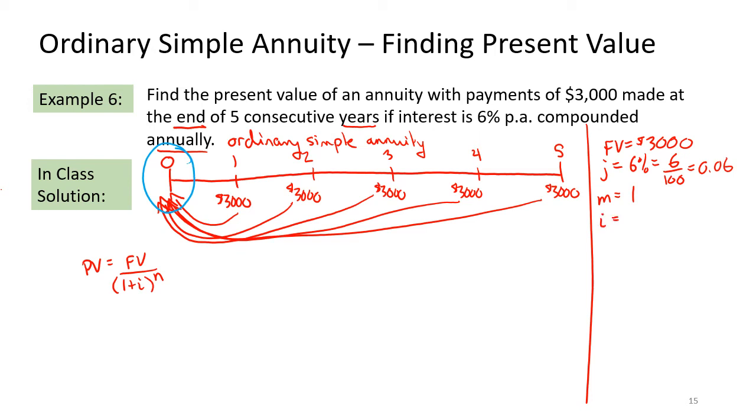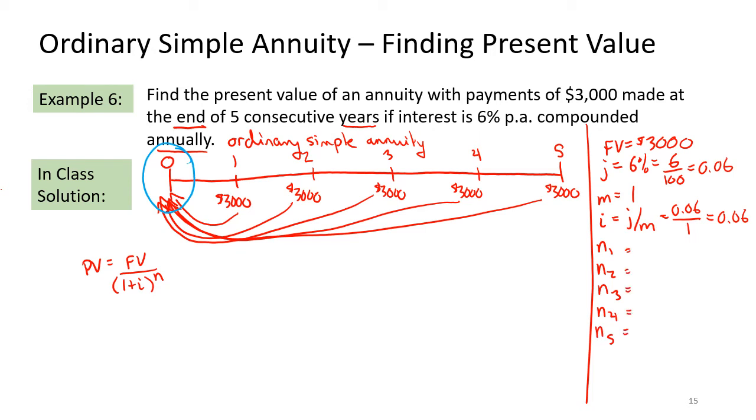So our periodic interest rate, I, is equal to J divided by M, which is 0.06 divided by 1, or 0.06. Now the only difference for each of these calculations is going to be our total number of compounding periods. So I'm going to go in order and do N1, N2, N3, N4, and N5.